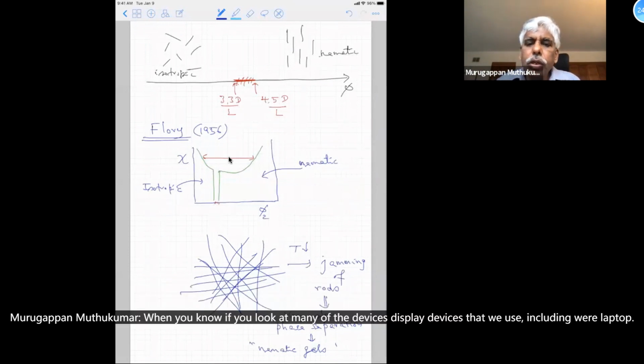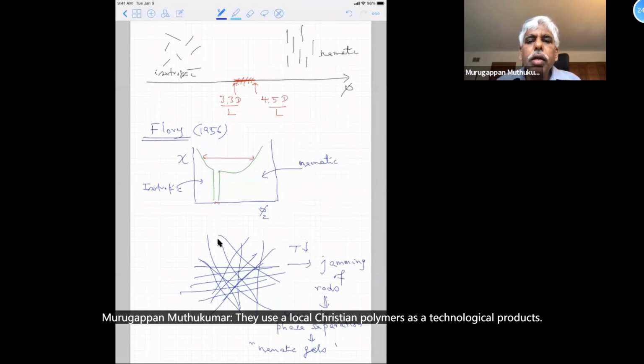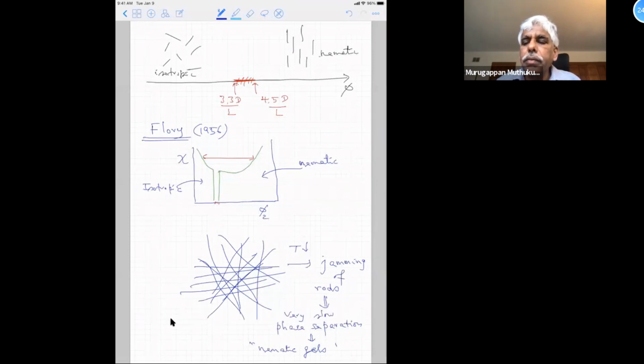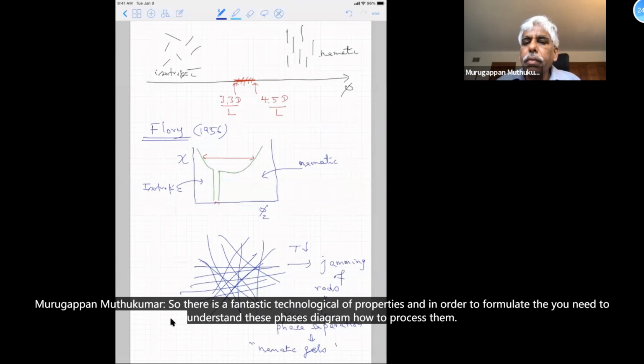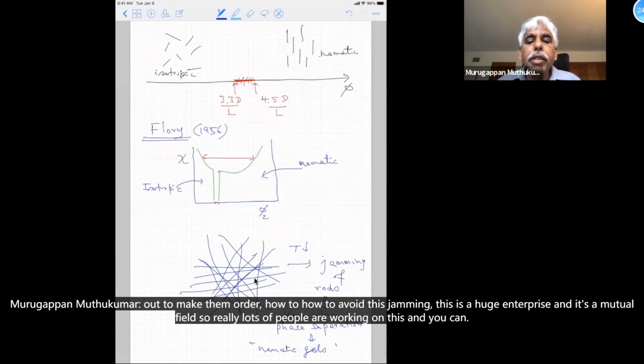If you look at many of the display devices that we use, including your laptop, they use liquid crystalline polymers as a technological product. So it has fantastic technological properties. And in order to formulate them, we need to understand this phase diagram, how to process them, how to make them ordered, how to avoid this jamming.